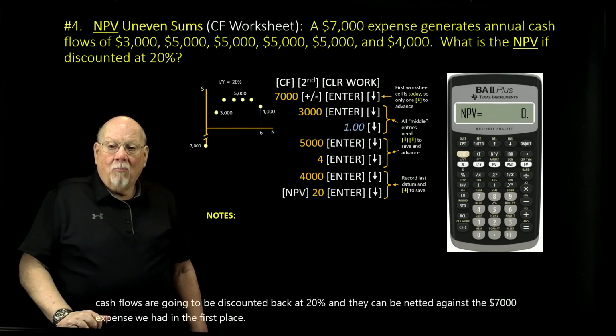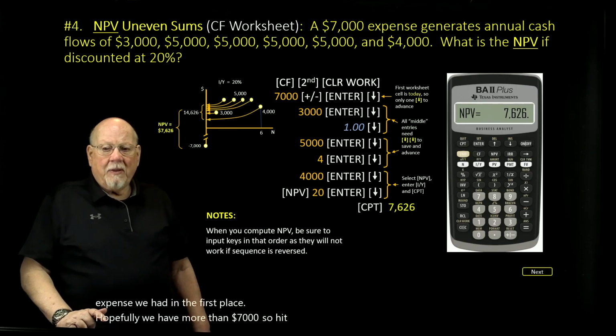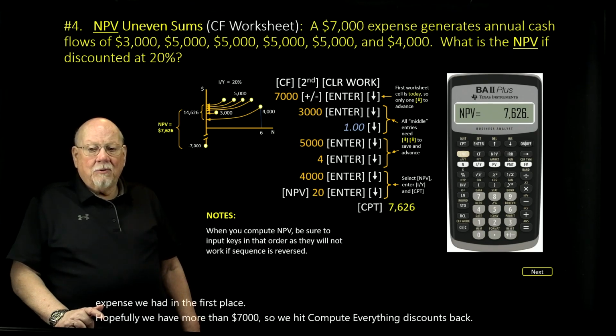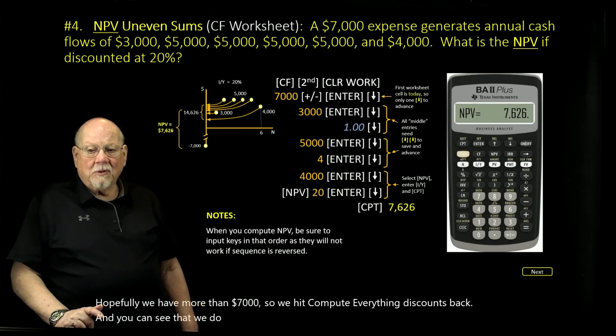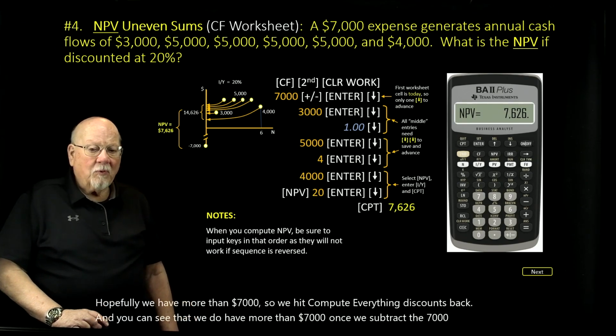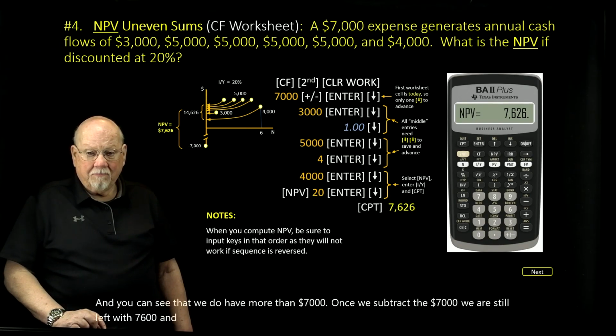Hopefully we have more than $7,000. So hit compute, everything discounts back, and you can see that we do have more than $7,000. Once we subtract the $7,000, we are still left with $7,626.